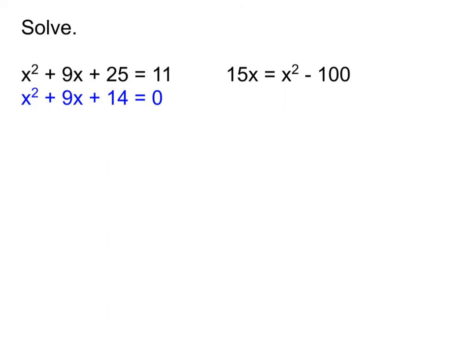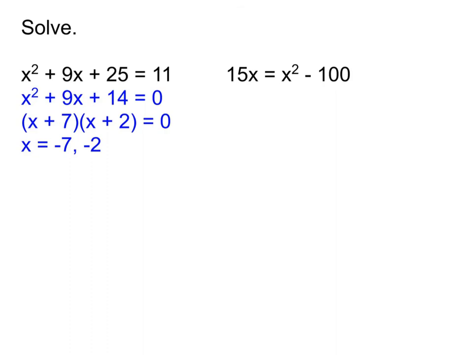What adds to 9 and multiplies to 14? You should get 7 and 2. Notice that as I'm writing this down, I continue to write that it equals 0. That way we know it's going to work. And so then I look at each of the parentheses and I say what plus 7 equals 0 and what plus 2 equals 0. And we get x equals -7 and -2.